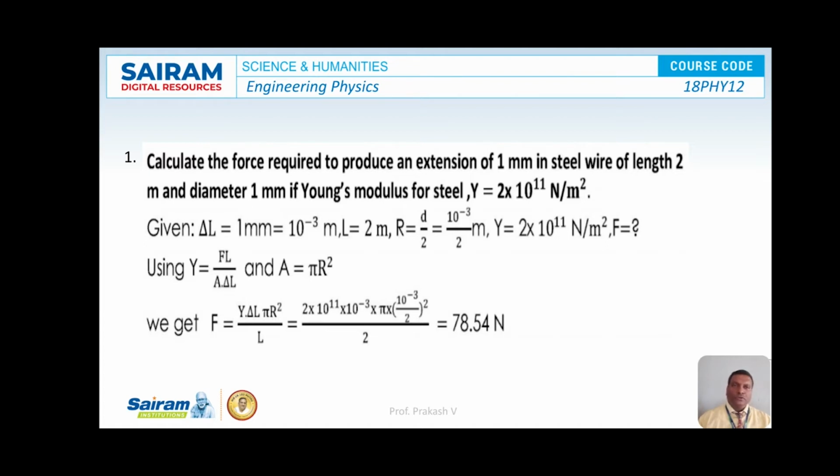So we know the equation for Young's modulus, Y is equal to FL by A delta L, where A is the area of cross section, that is nothing but pi r square. So F can be written as Y delta L pi r square by L. So substitute the values in the formula, that is 2 into 10 to the power of 11 into 10 to the power of minus 3 into pi into (10 to the power of minus 3 by 2) whole square, whole divided by 2.